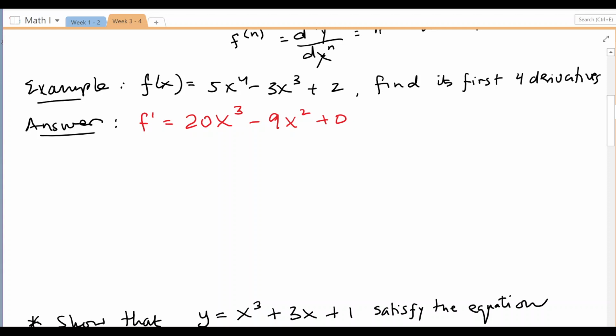That's the first derivative. The second derivative continues: 60x squared minus 18x.